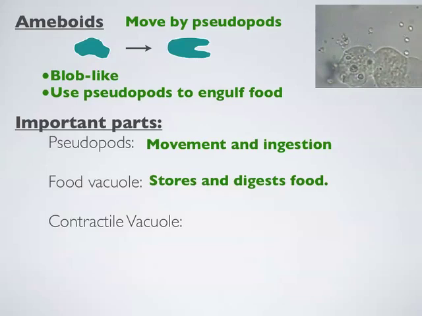Once they have engulfed their food and surrounded it, whatever it is they ate is now inside of them. It's in a little bubble, and it becomes a food vacuole. And then they can produce enzymes that will break down whatever it is they ate so that they can absorb nutrients from it.